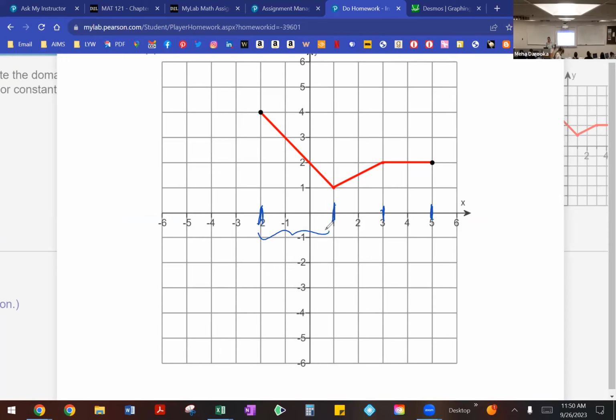Okay, so what was it doing between negative 2 to 1? Increasing. Decreasing between 1 to 3. Increasing, and between 3 to 5. So within the same graph, you can see different behaviors, and obviously you can see this guy comes from a piecewise function, right? Because no one single graph is going to give you these 3 distinct shapes. All right, let's see how to write these guys down.